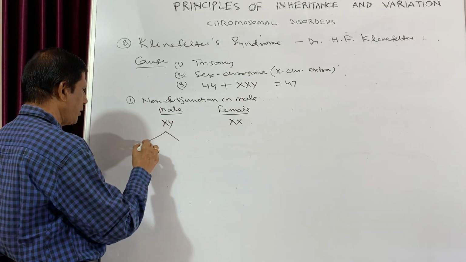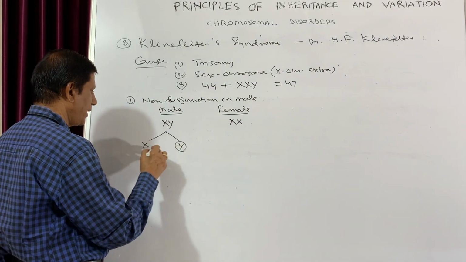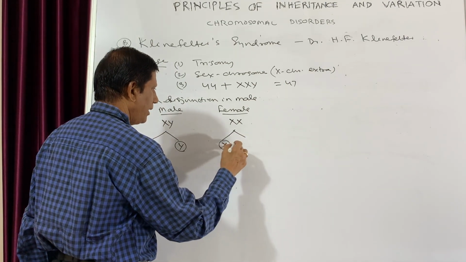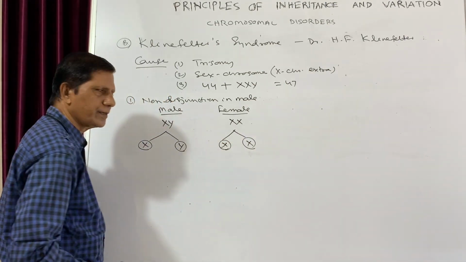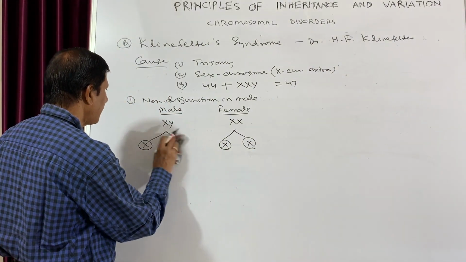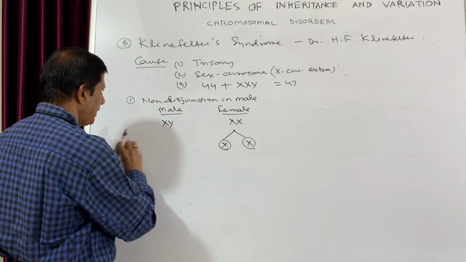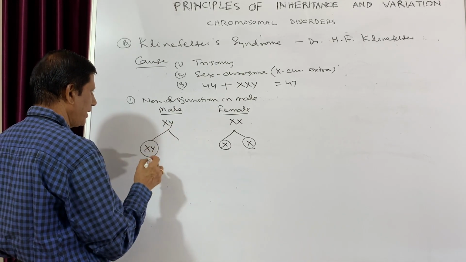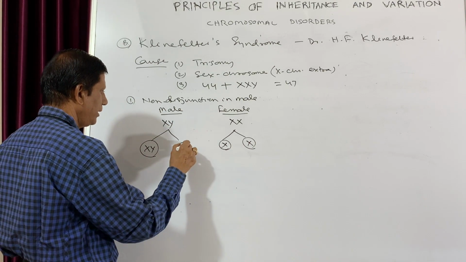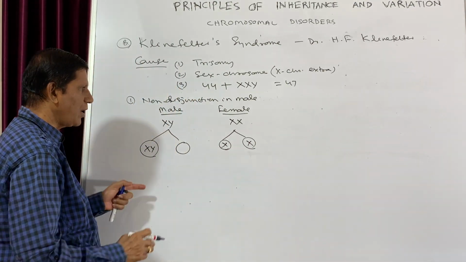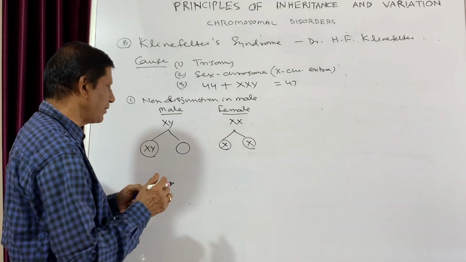Here the ova will be X and X. Here there will be non-disjunction. Since there is non-disjunction, one pole will be X and Y, and the other will be nothing, because to one pole nothing will go. Now if fusion takes place, see what happens.